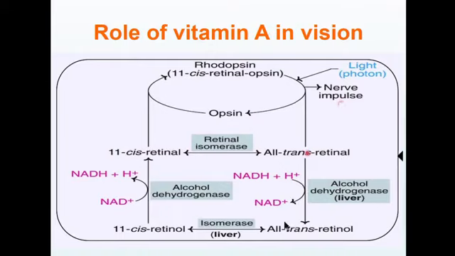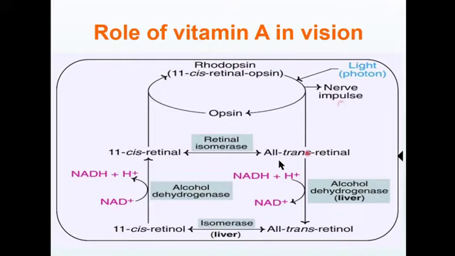After that, this all-trans-retinol is isomerized to 11-cis-retinol in the liver, under the action of the liver's isomerase. And after that, again, it is oxidized. This reaction is reversible, you see, and we act with the same enzyme, alcohol dehydrogenase. We oxidize it into 11-cis-retinal, and after that it can again form a new active molecule of rhodopsin.